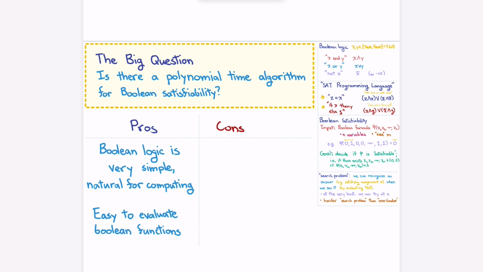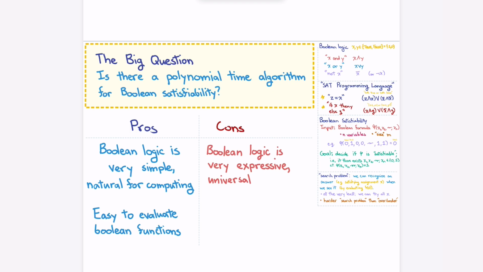All right, here's a couple of cons. Let's see what I came up with. So the first thing that worries me is that, as pointed out, Boolean logic is actually quite expressive, right? We can do assignment, we can do if else, we can do adding things up. It's basically a programming language, right?